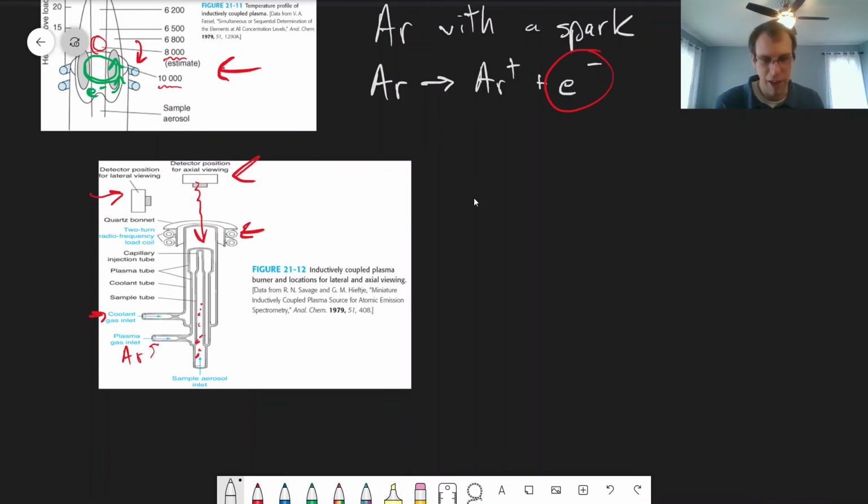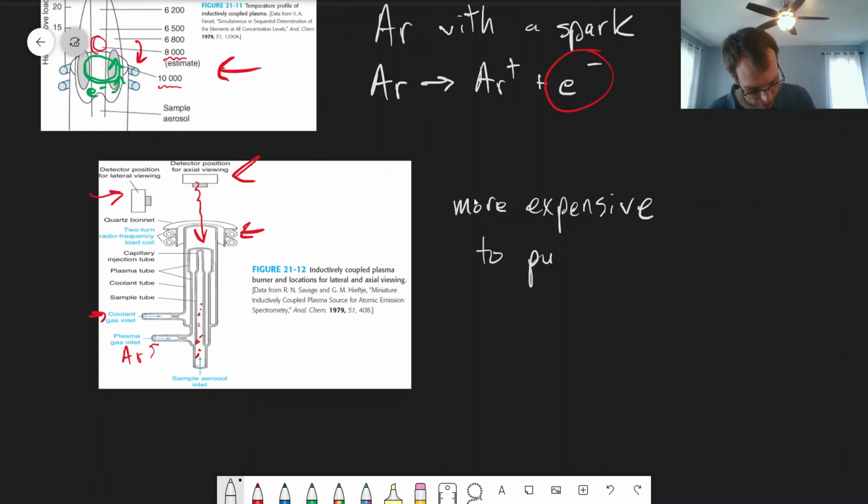The main disadvantage compared to flame or furnaces is that ICPs are more expensive, as you might expect. With this radio frequency coil and everything, it's not as simple as just burning some acetylene. More expensive, both to purchase and to operate.